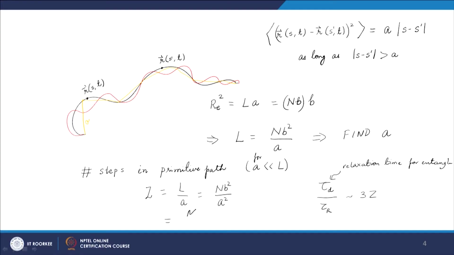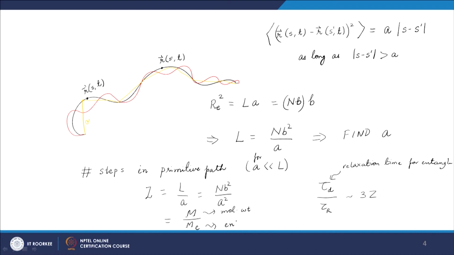Instead of talking about Z as L by A, I can also say Z is the ratio of the molecular weight of the polymer chain with some effective molecular weight corresponding to one effective Kuhn step within the system, where I am approximating the primitive path by a chain.